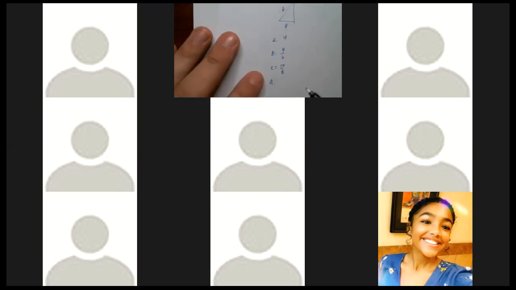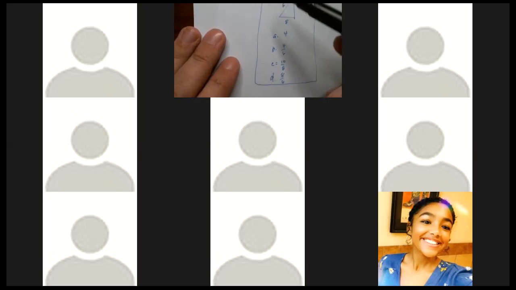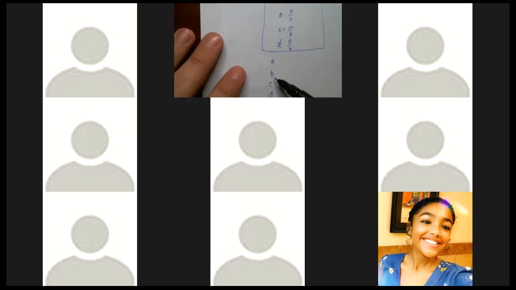D is equal to this or that, 8 over 6. That's what the question looks like, and then you'll have multiple choice, A, B, C, or D. But I'm pretty sure they will mix these up, won't they? Yeah, they do that. It could look like that. Okay, so just letting you know that's what it'll look like.